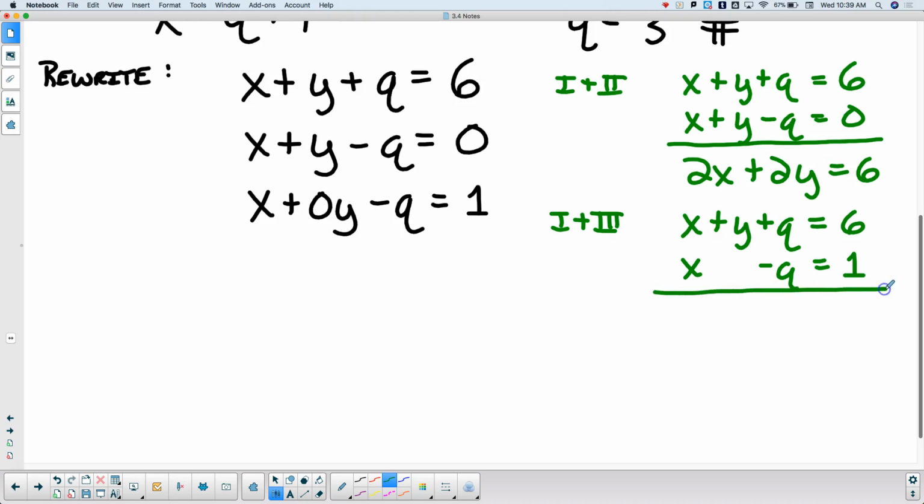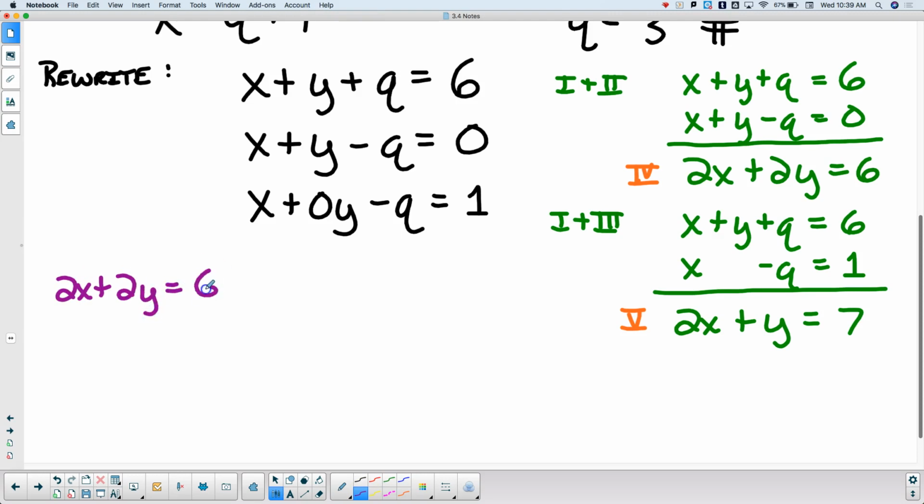And that gets me 2x plus y equals 7. So this would be equation number 4 and equation number 5. And then I would go 2x plus 2y equals 6.